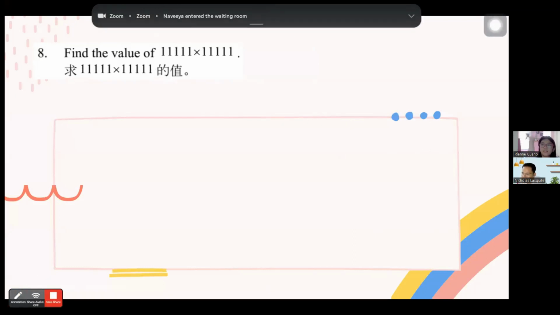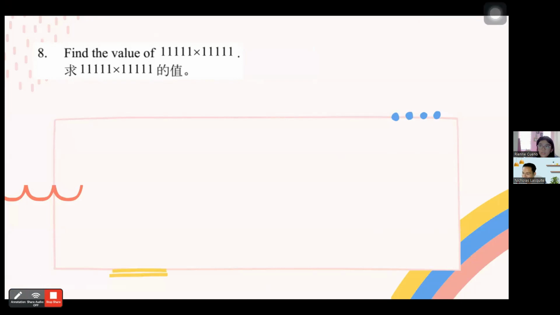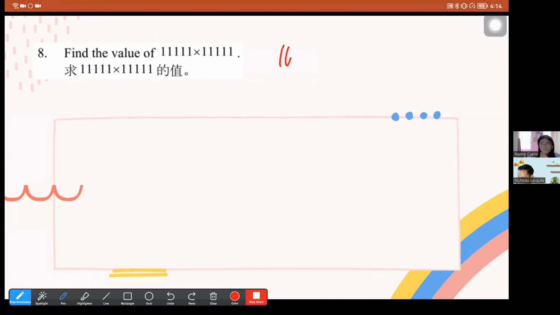Find the value of 11,111 times 11,111. Okay, so count how many ones there are. If there are 10 ones, diba? Meaning, our answer should be 10 minus 1.